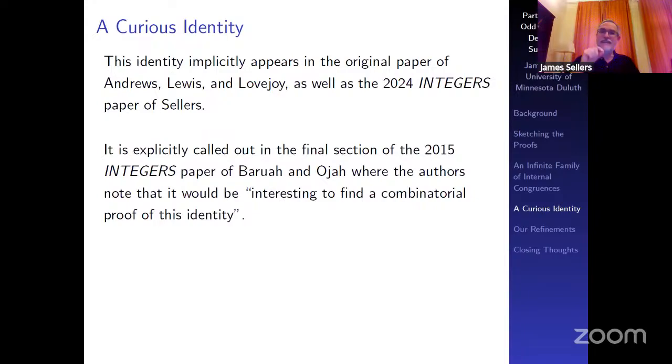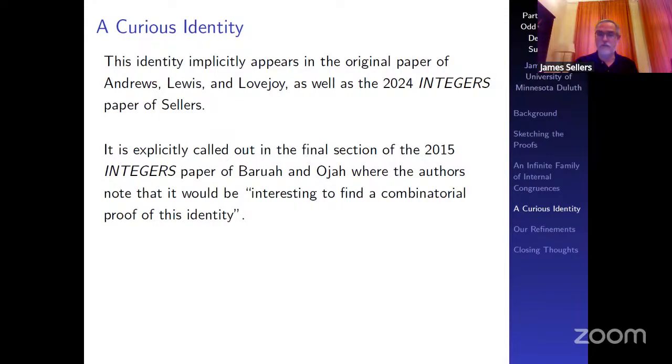It's actually explicitly called out in the 2015 Integers paper of Nayandeep Deka Baruah and his colleague Ojah, where they say, quote, "it would be interesting to find a combinatorial proof of this identity."